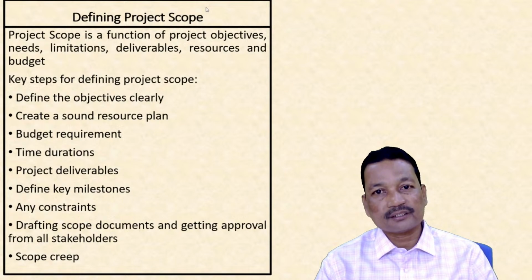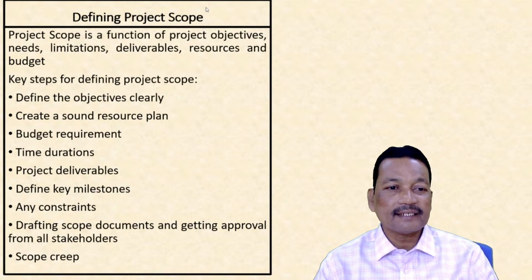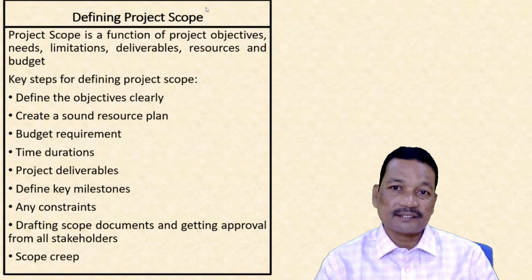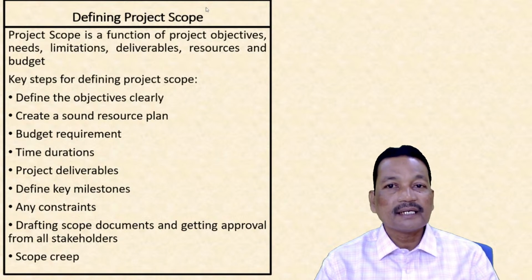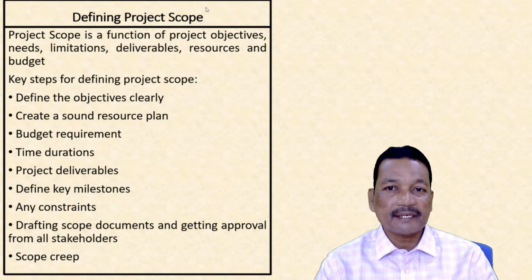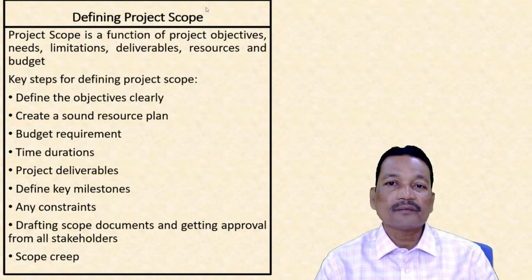Next is define key milestones. A project is going to take a fair length of time. Now we can break down, as we said, in time durations, the project into various phases. Suppose a project is going to take 5 years to complete. So every 6-month period or semi-annual period, how much is the target that we are going to achieve?